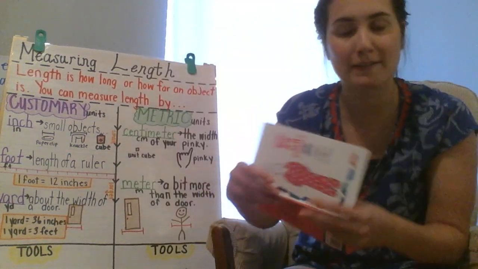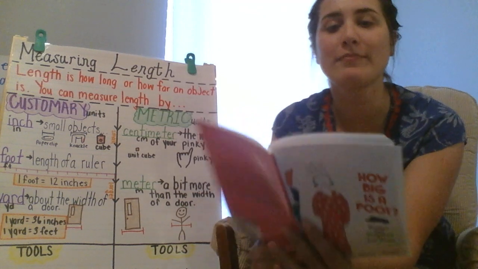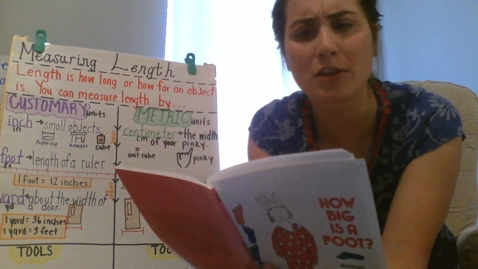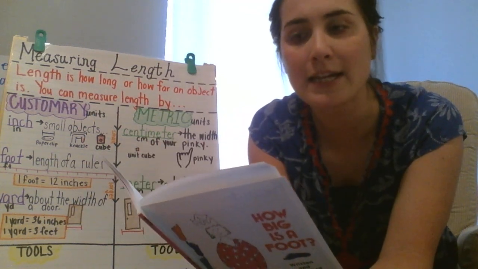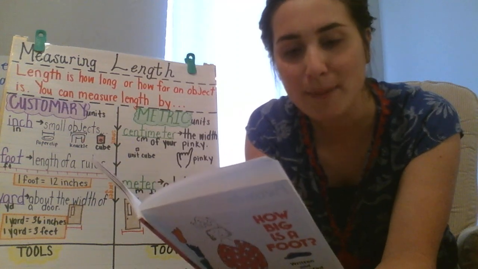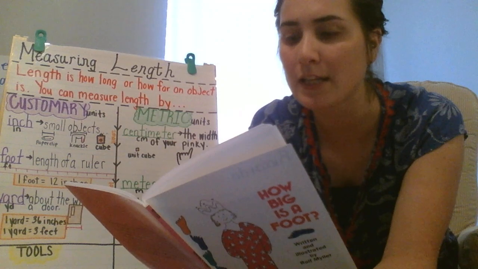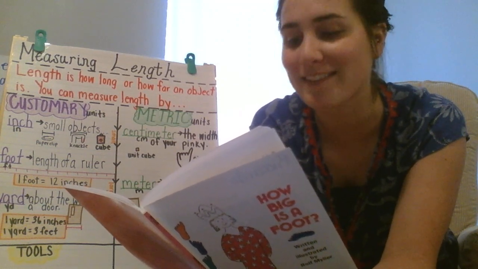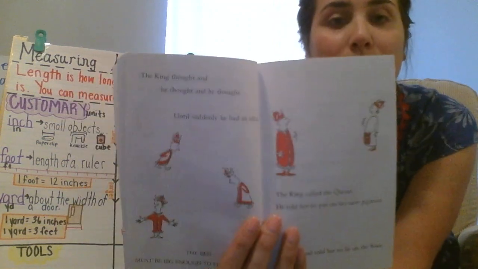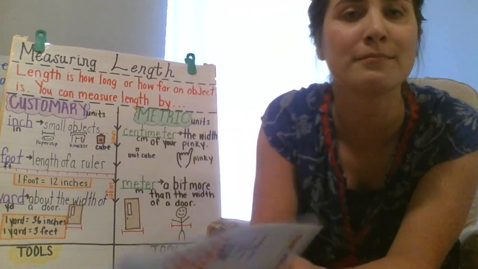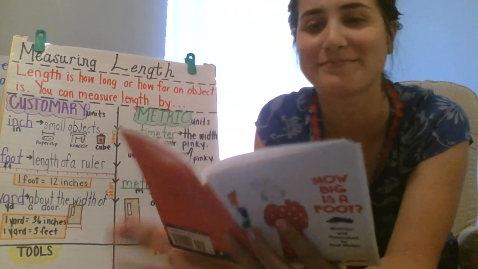Many questions. The king thought and he thought and he thought until suddenly he had an idea. The bed must be big enough to fit the queen. The king called the queen and he told her to put on her new pajamas and told her to lie on the floor. I wonder what he's going to do.